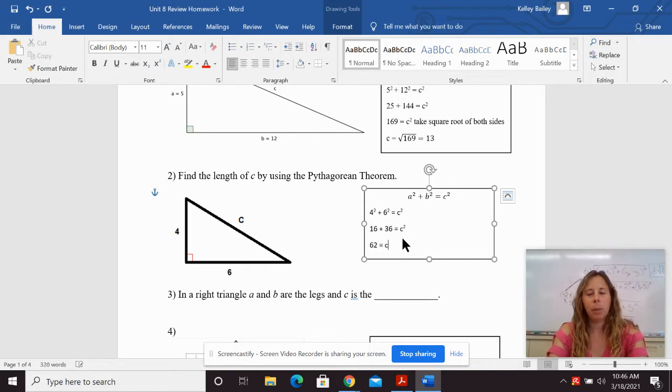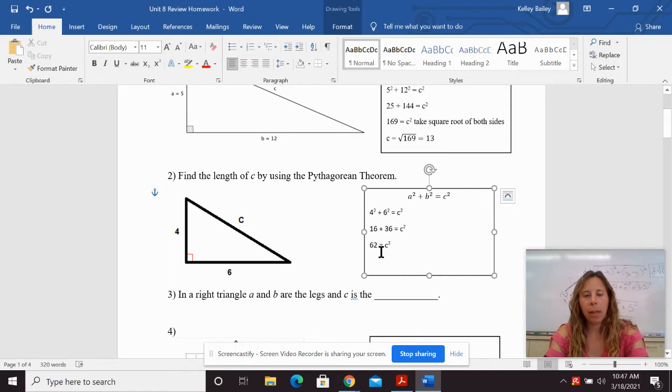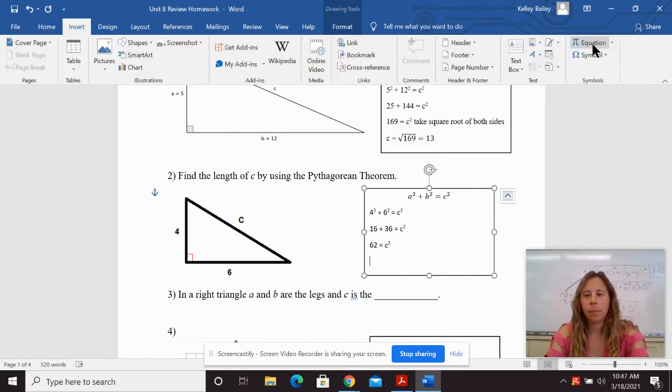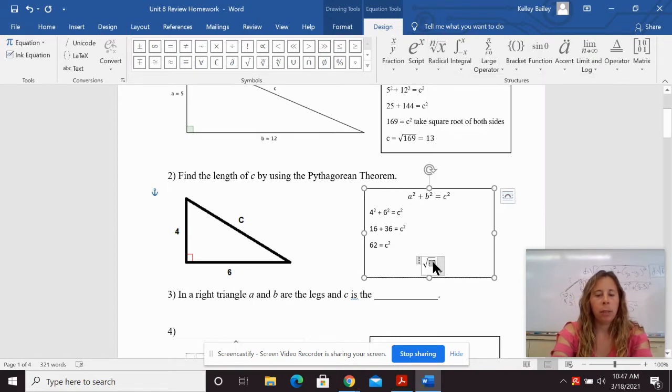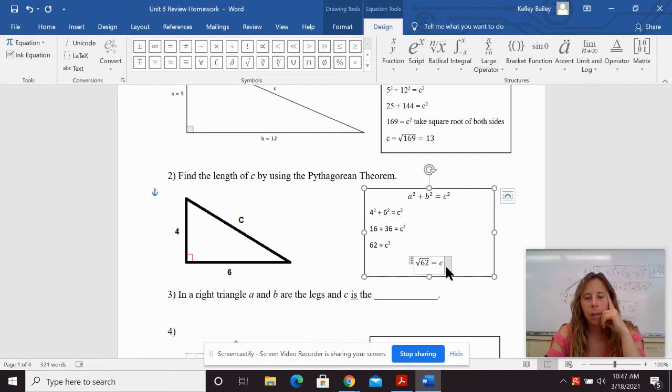So 62 equals c squared. Once again, you're not done. You have to take the square root of both sides. So you get the square root of 62 equals c. You can leave it there, or you can change it into a decimal.